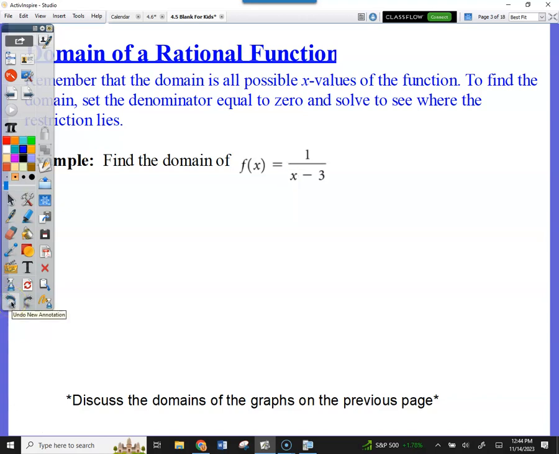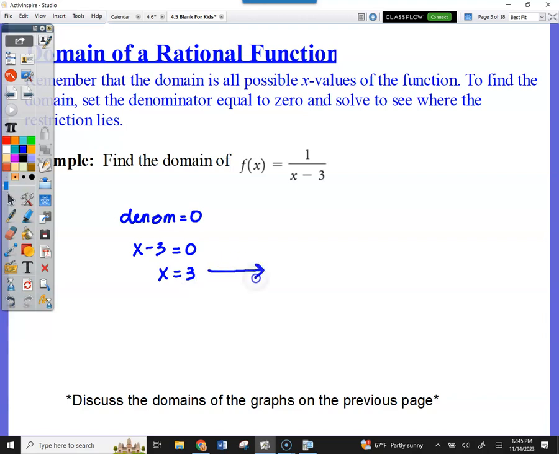Okay, so in terms of these problems, if I say to you, hey, find the domain of this rational function, you are going to set the denominator equal to 0 and solve. So x minus 3 equals 0. Solve it. I get x equals 3.